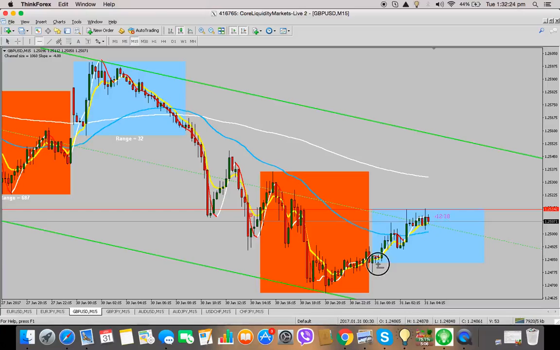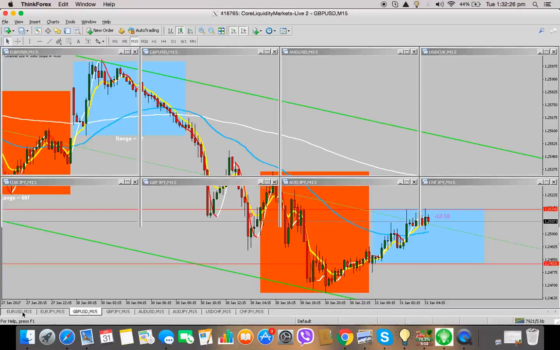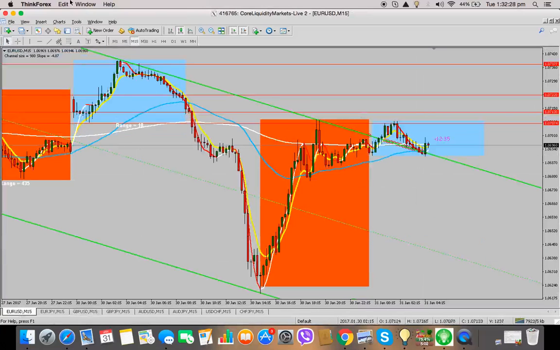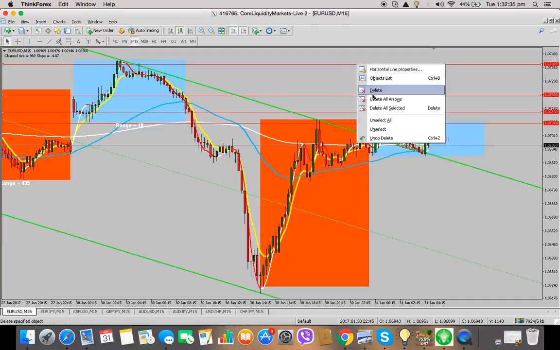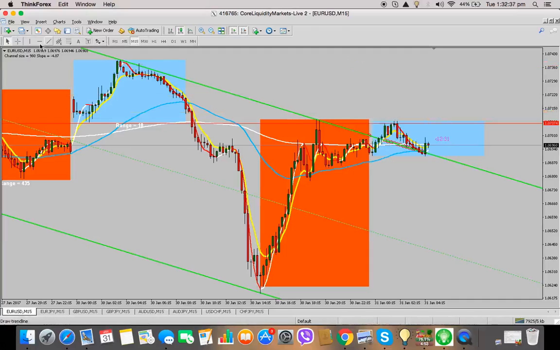I'll do it here. These ones can be rough. You can do it on the body, you can do it on the wick, doesn't really matter. I'll get rid of these lines, because what you're looking for is a particular behavior, a pattern formation or something. Same thing with your USD.